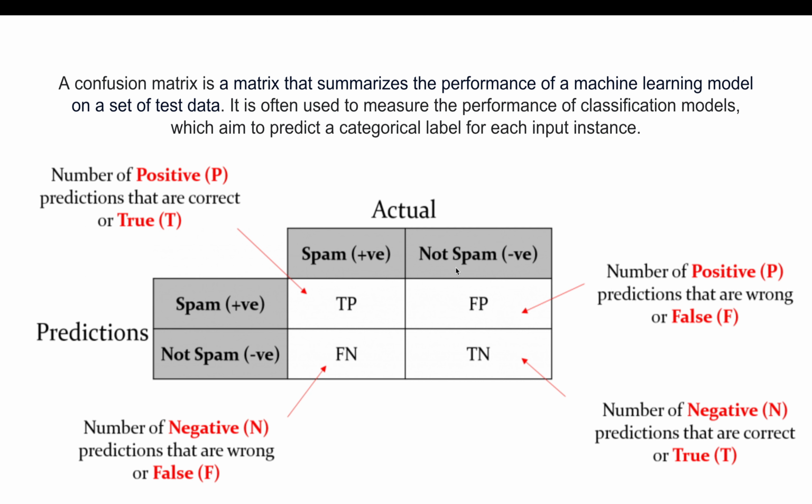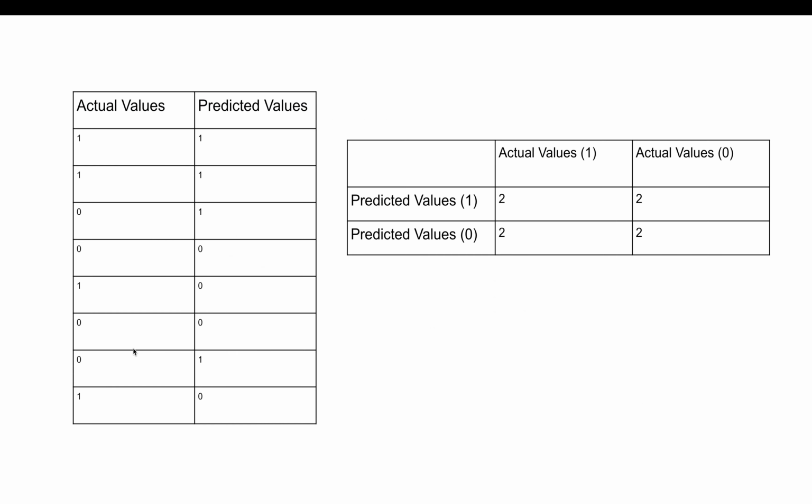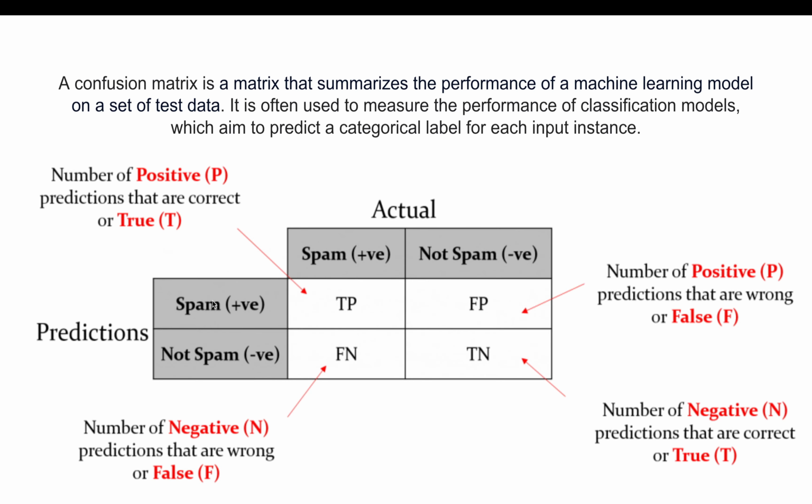But what are the predictions of your model? Your prediction means whatever your model has given as an output, whether it has given you that particular email as a spam email or a not spam email. We have put it over here.